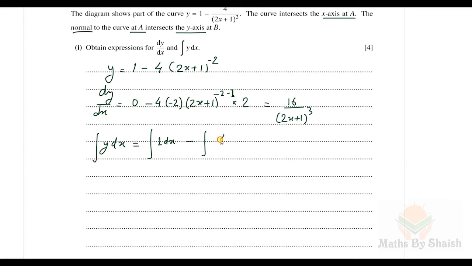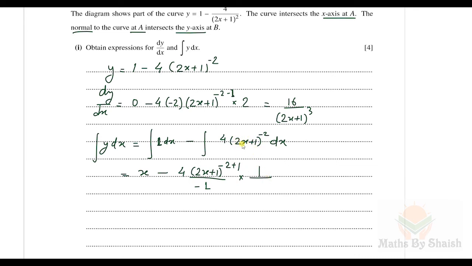Integration of 1 is x, and integration of this will be 4 times (2x plus 1), power will be increased by 1, that is minus 2 plus 1, and we will divide by this, that is minus 1, and divide by the differentiation of 2x plus 1, so 1 upon 2, plus constant of integration.